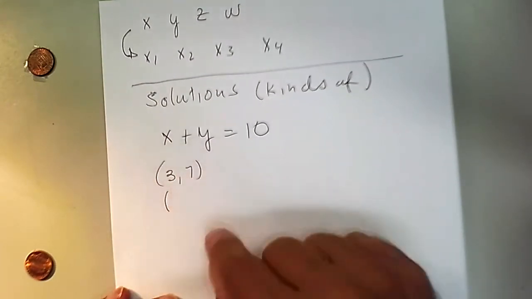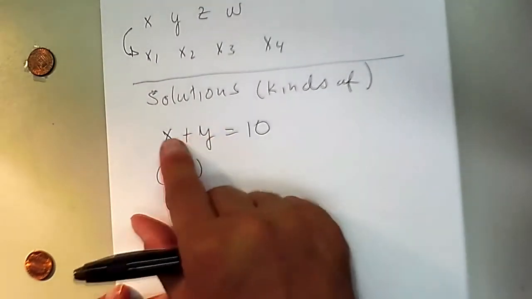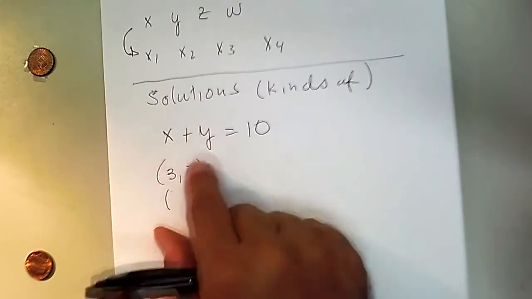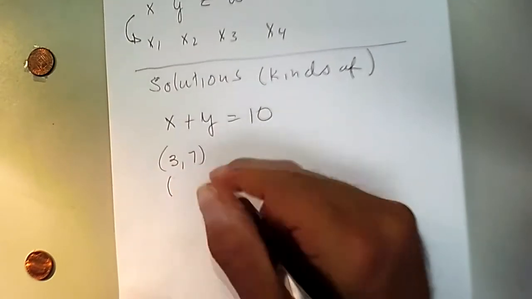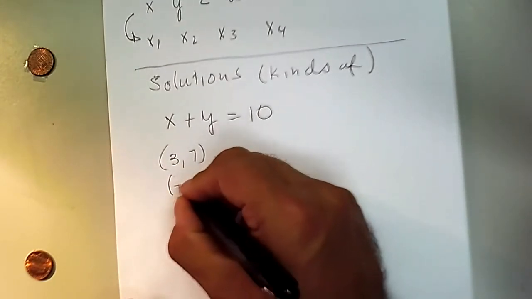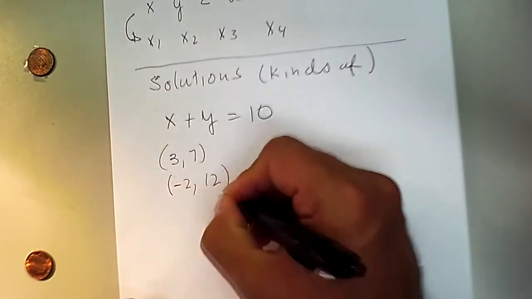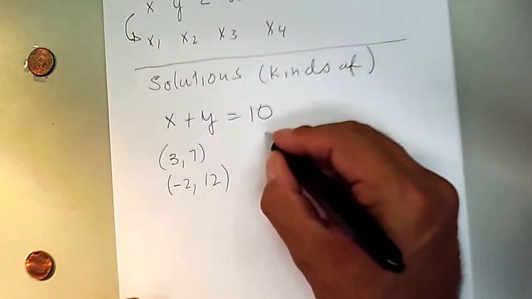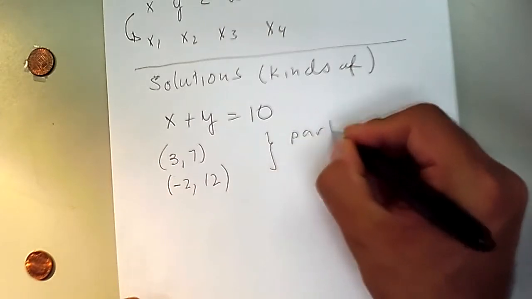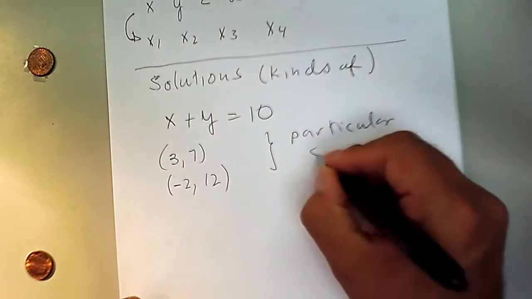It turns out in this case that 7, 3 also works, but that was because this equation is very symmetric. But I'm just going to leave it alone for simplicity. And you have many solutions, such as negative 2, comma 12. That's another solution. So each one of those is labeled as a particular solution.